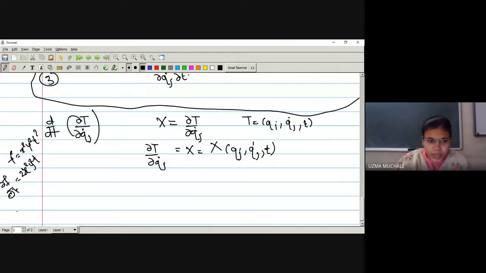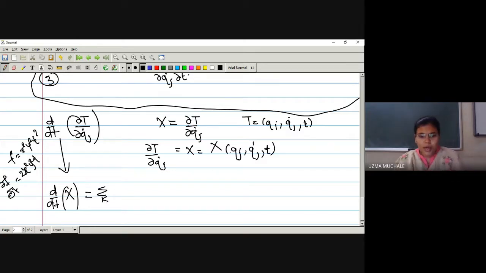So what we have to find out actually, if this is x, we will find out the value of d by dt of x, under the condition that x is a function of qj dot and t. So I am not going to evaluate the next term again. What will be the derivative?